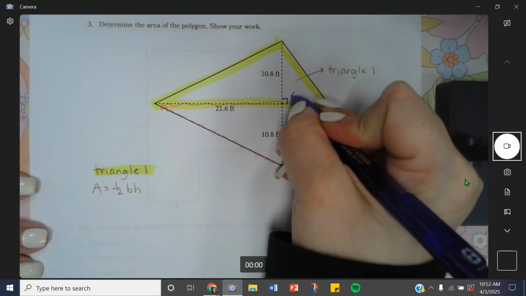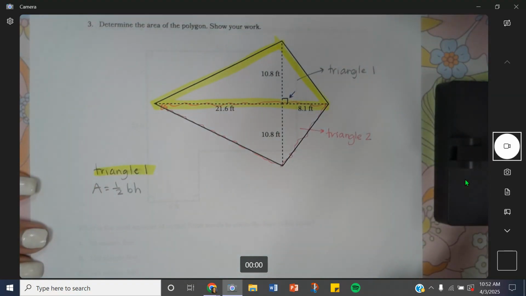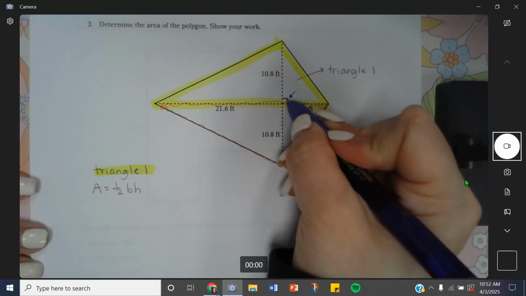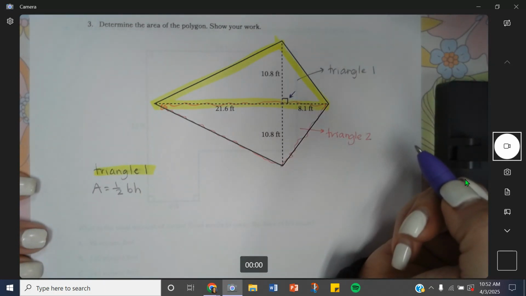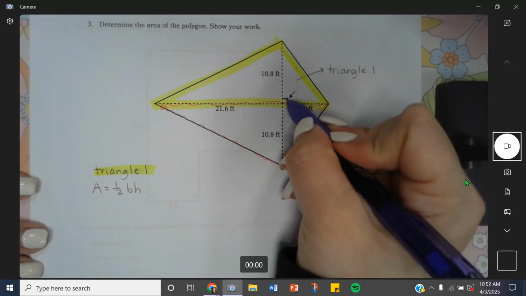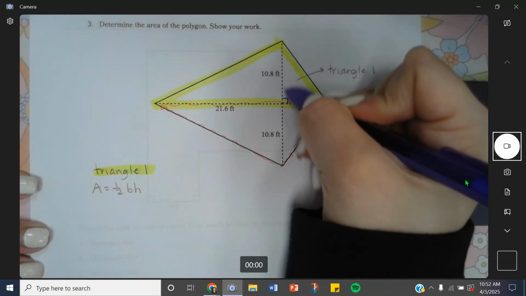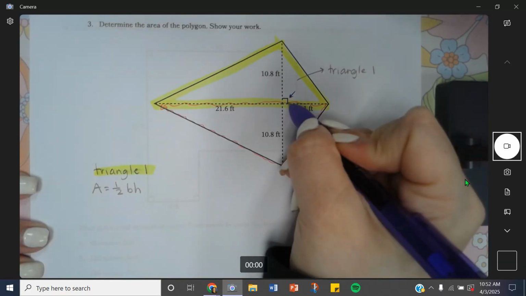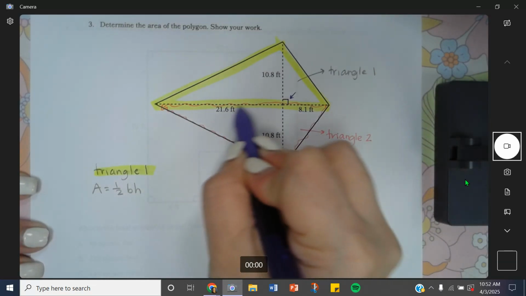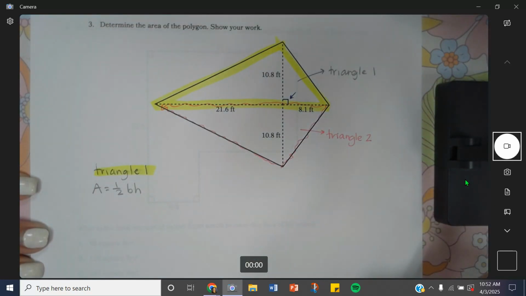Using our right angle, we can figure out what the height and the base will be. Looking at the lines that are attached to the right angle symbol, this line right here is connected to the 10.8, and this line right here is connected to this entire dotted line with 21.6 and 8.1.